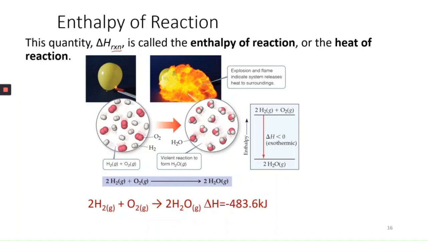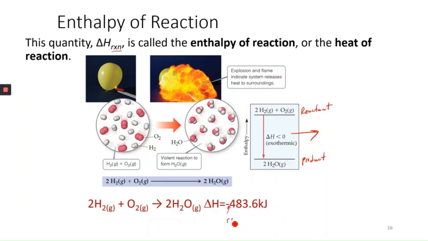So here we have hydrogen plus oxygen making water. And the delta H for this reaction is negative 483.6 kilojoules. Okay, so if you look here, your reactants are at a higher energy than your products. And that is why you are releasing energy, and you're releasing this amount.